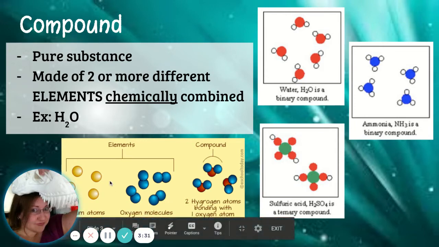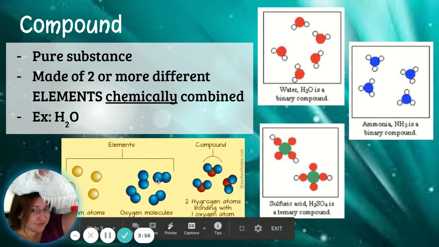So here in this image, we have the yellow circles we were looking at earlier for hydrogen or helium atoms. And in this example, we have oxygen molecules. So we have our diatomic oxygen molecule. So these 2 are both classified as elements because it's a singular type of atom. However, when we look at a compound, now we throw in a different type of element.